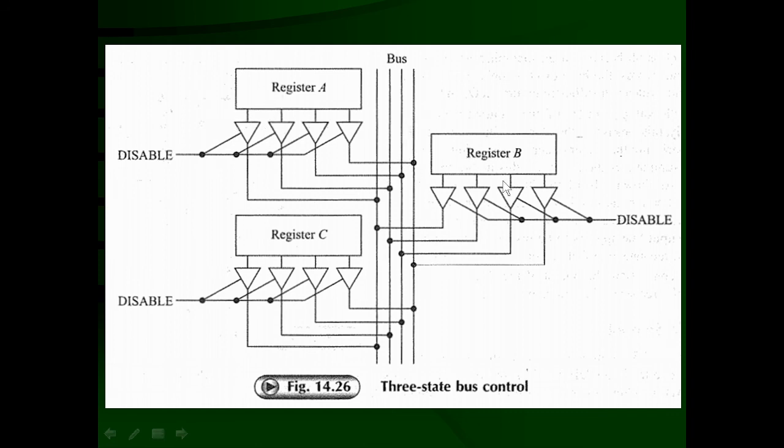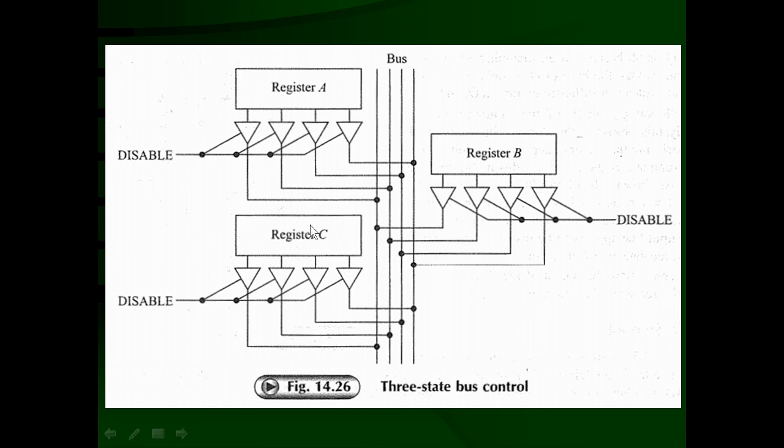At that time, the disable of register B and register C should be high. So this is working as an open switch. This is also working as an open switch. So only the content of register A will be on the bus organized system, and all other register contents will be disconnected.